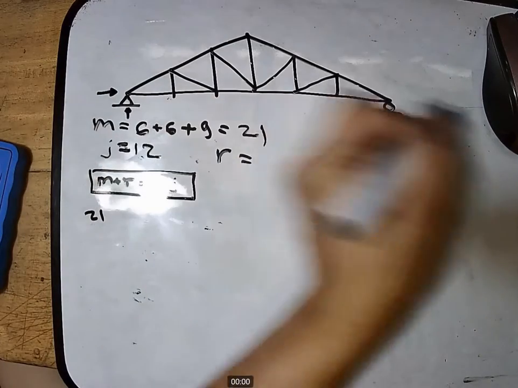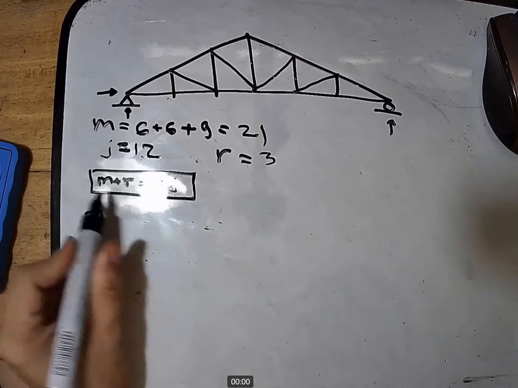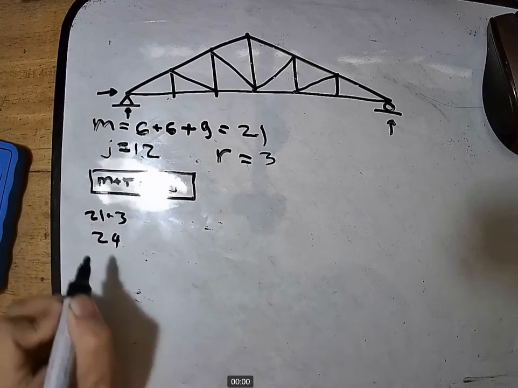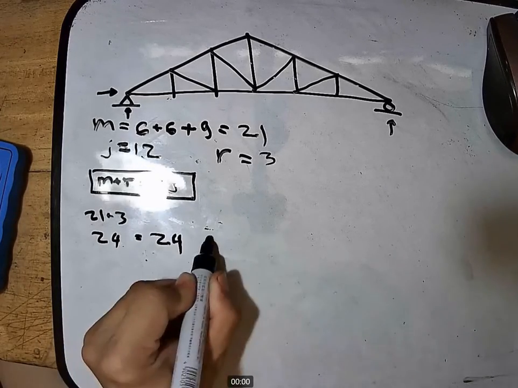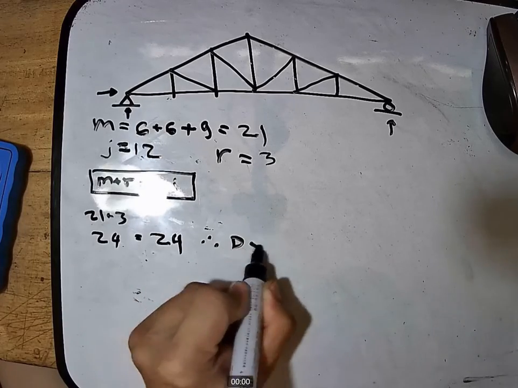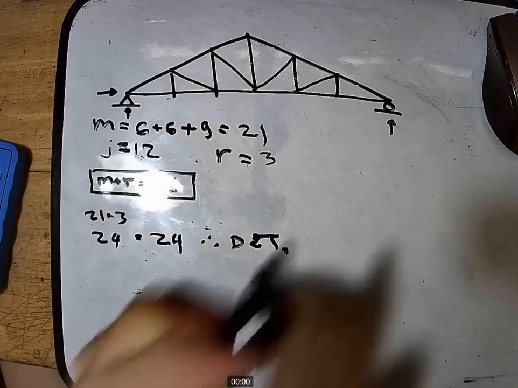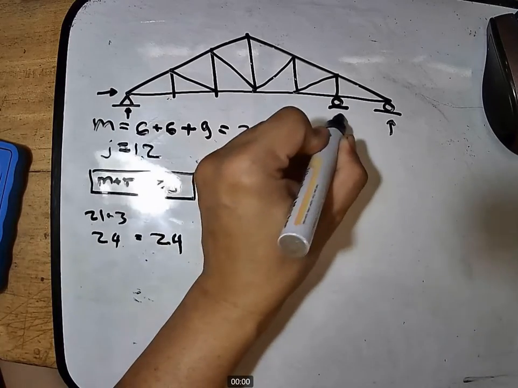Here, vertical only. You have no horizontal since it is a roller support. So r is 3. So m plus r will give you 24. And then 2j is also 24. So therefore, it is determinate.